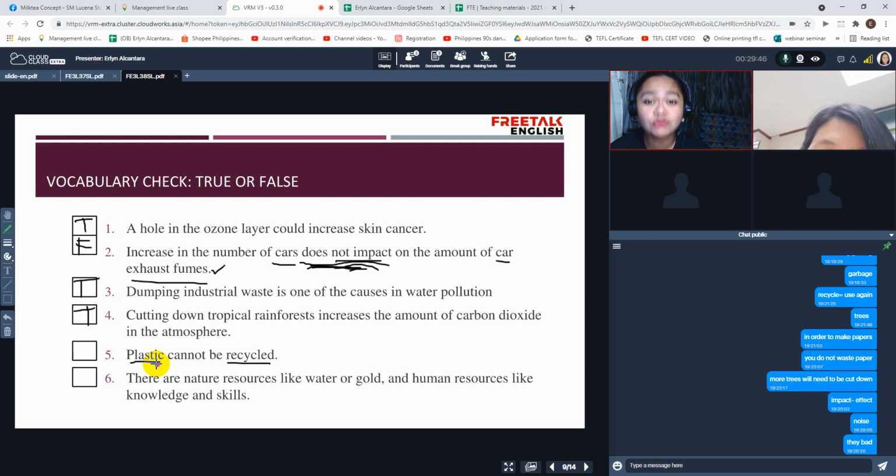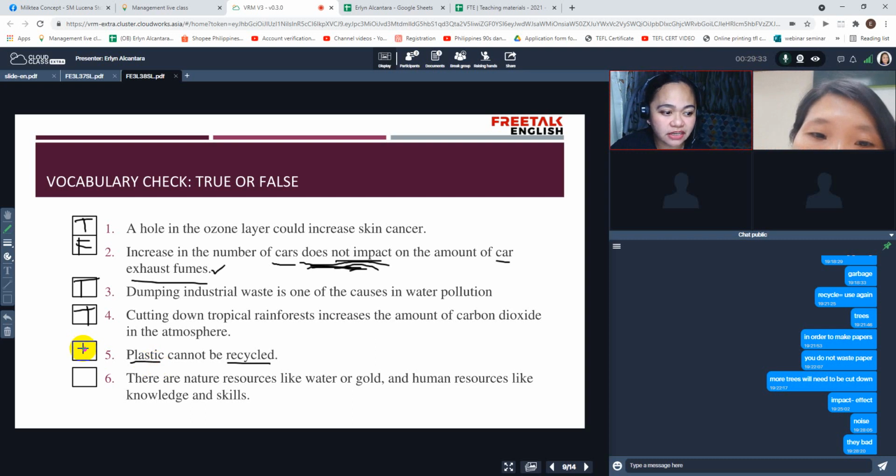Some factories melt the plastic again and then create another one. So this is false. Plastic can be recycled. Number 6.